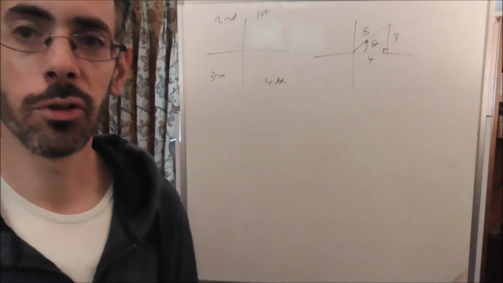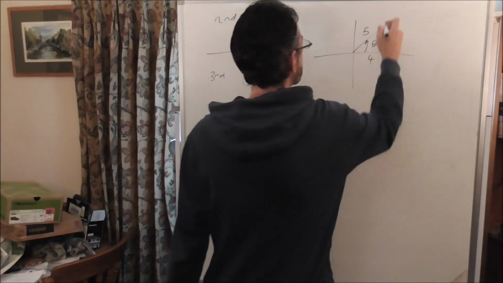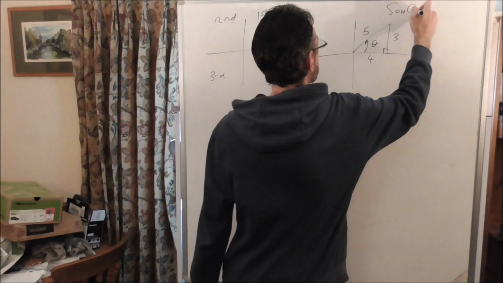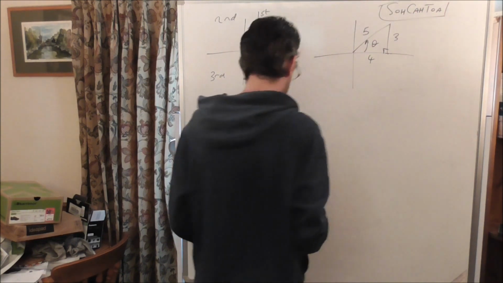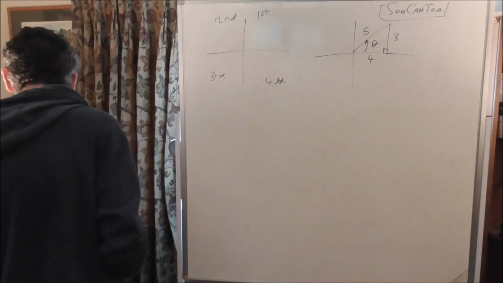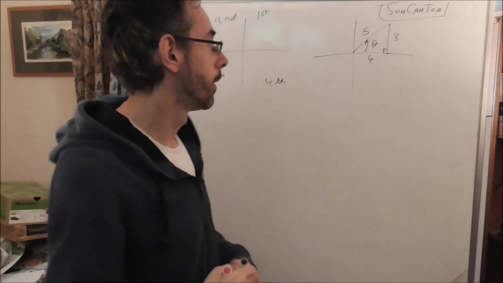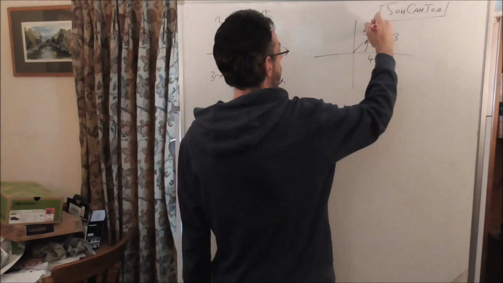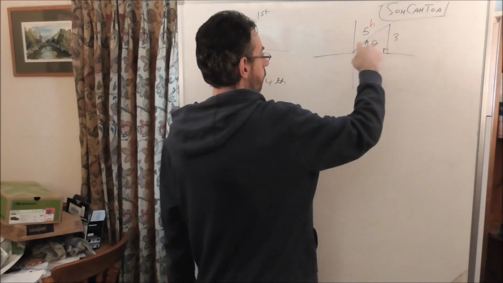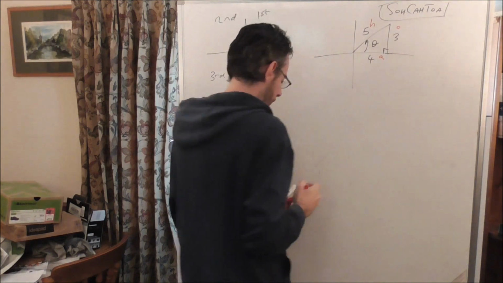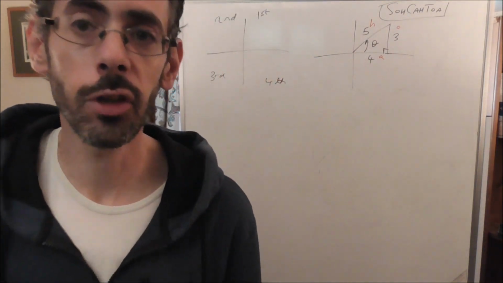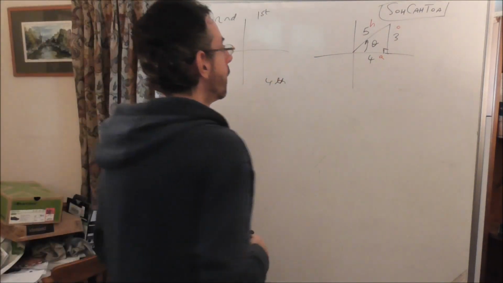So how do we talk about sine, cos and tan? We'll just use SOHCAHTOA. It's just a way of remembering what sine, cos and tan mean. So I need to label the sides, hypotenuse, opposite and adjacent. This side's the hypotenuse, it's the longest side. This side is opposite this angle, so it's the opposite side, and this side's next to the angle, so it's the adjacent side. Now I can write down sine, cos and tan.